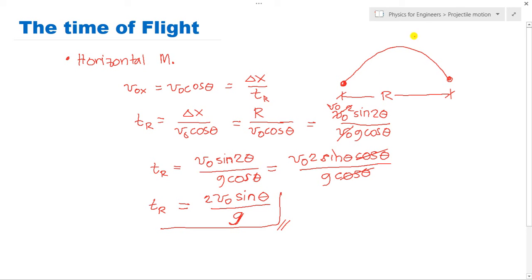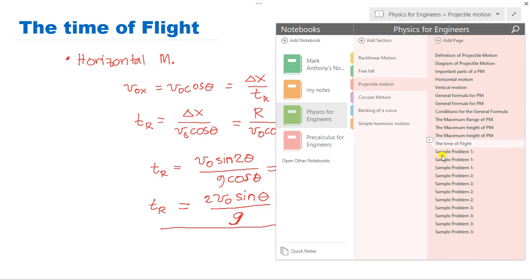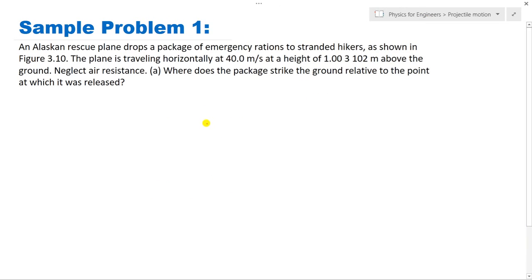So next, let's go to sample problems. So here we have an Alaskan rescue plane drops a package of emergency rations to stranded hikers, as shown in figure 3.10. So I will just write an illustration lang.